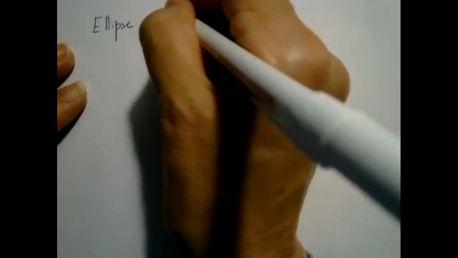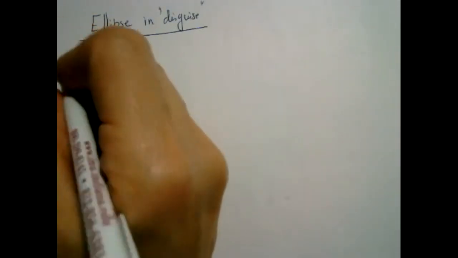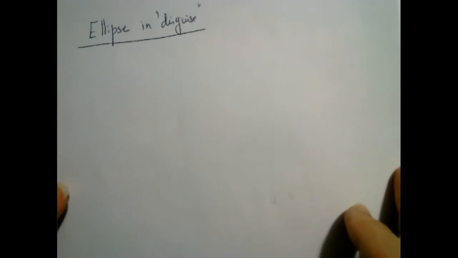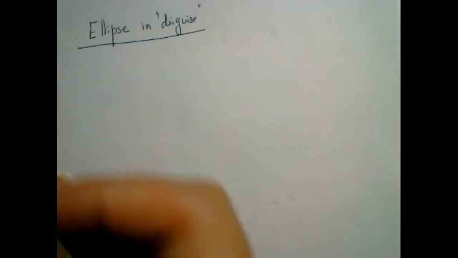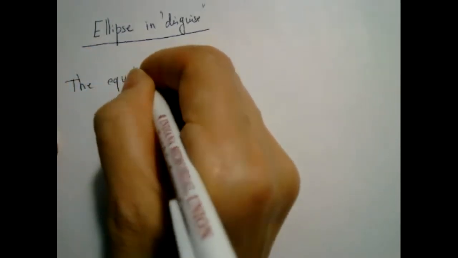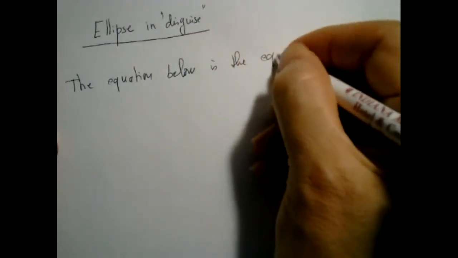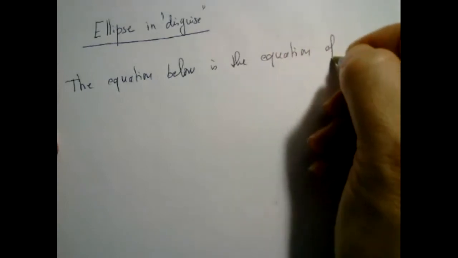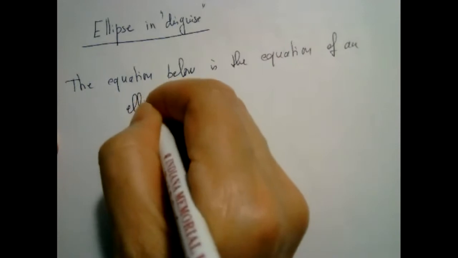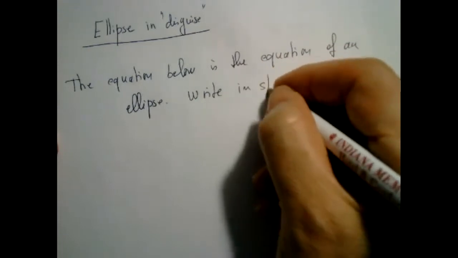So the following equation represents the equation of an ellipse, and the question is, write it in standard form, and then find the A, the B and the center.